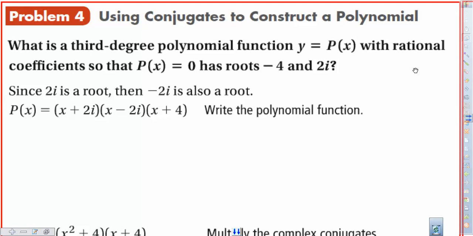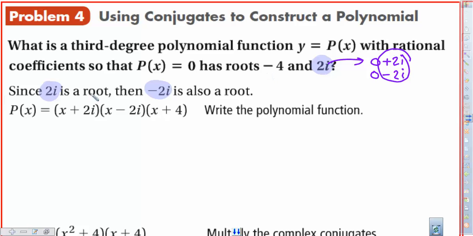If we have roots of -4 and 2i, the conjugate root theorem tells us that if 2i is a root, then -2i must also be a root. Because remember, 2i is no different than 0 plus 2i, and the theorem tells us that 0 minus 2i must also be a root. So there's your second root. But since -4 is completely real, the conjugate root theorem doesn't apply.